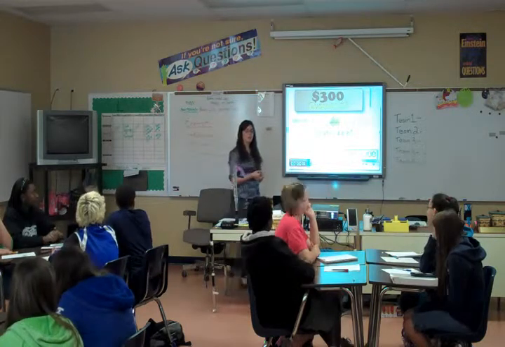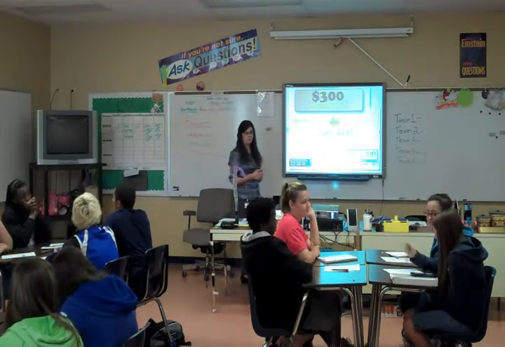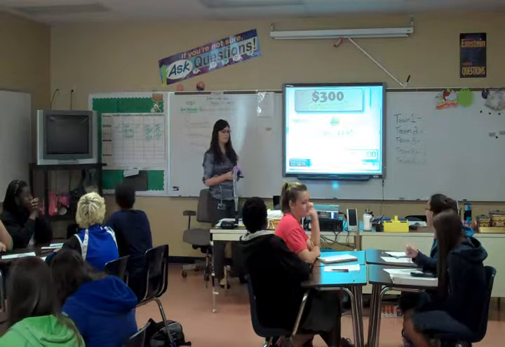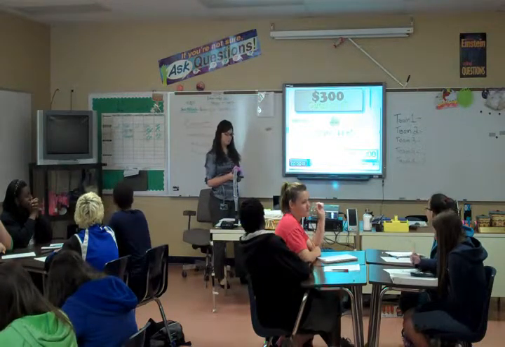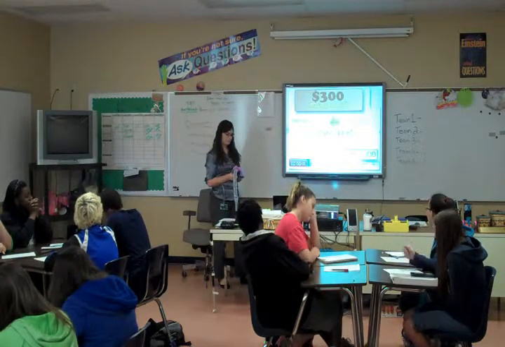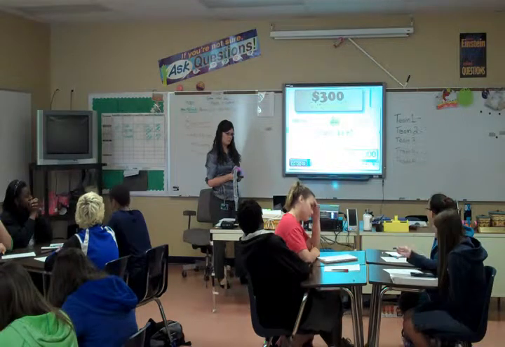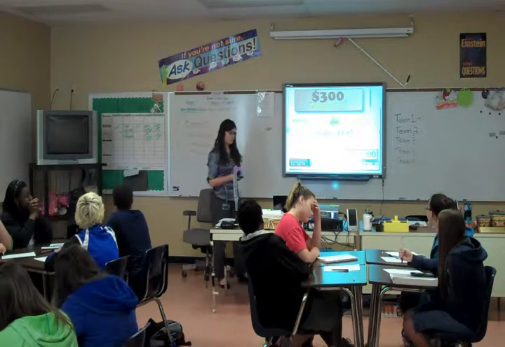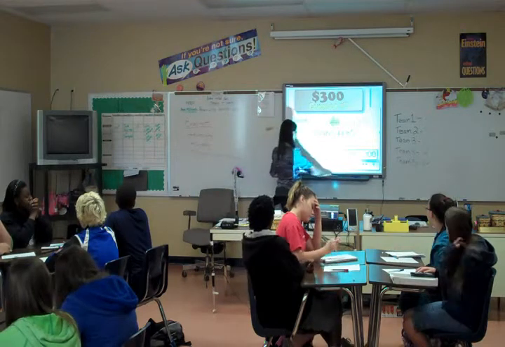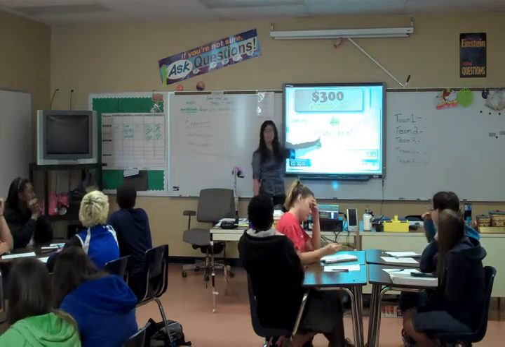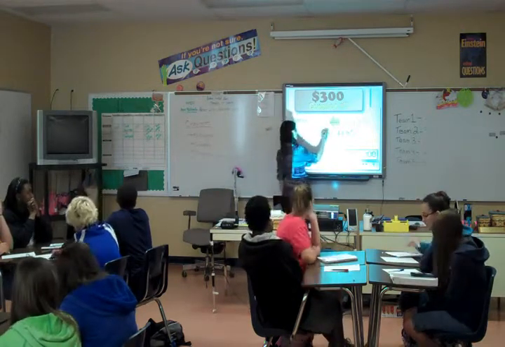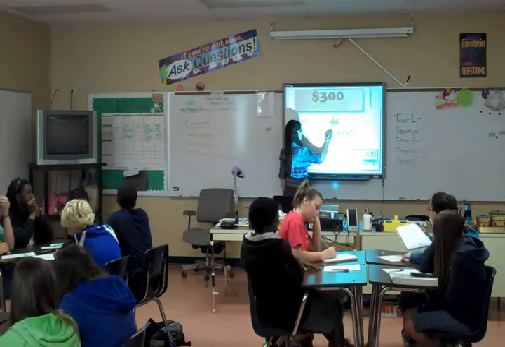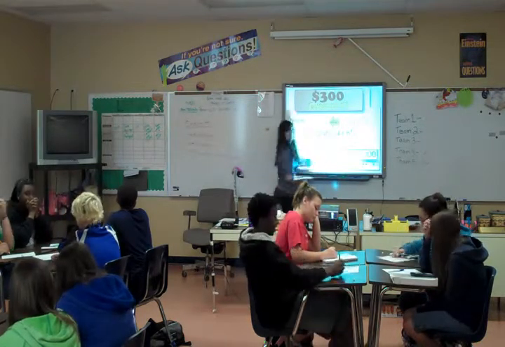Can you explain to us how you did this one? I multiplied 12 and 4, it's negative 48, and then I added A and A, and then B and B. Okay, good. So when you have just the variable, don't forget there's an invisible one. That's an exponent.